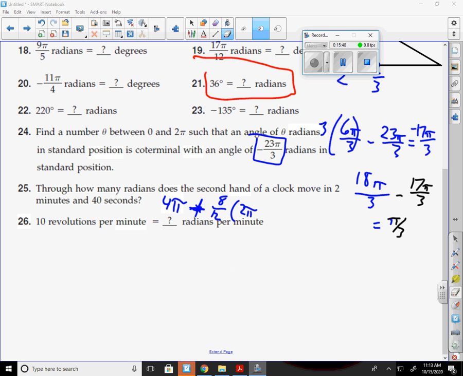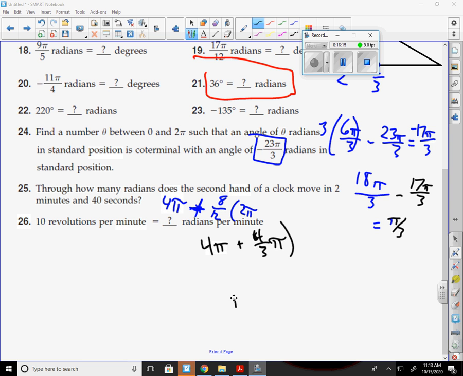So it'd be 4 pi. Weird. 4 pi plus, and then that's going to go all the way down to 4/3 pi. Now I can combine these two. I have to get a common denominator though.